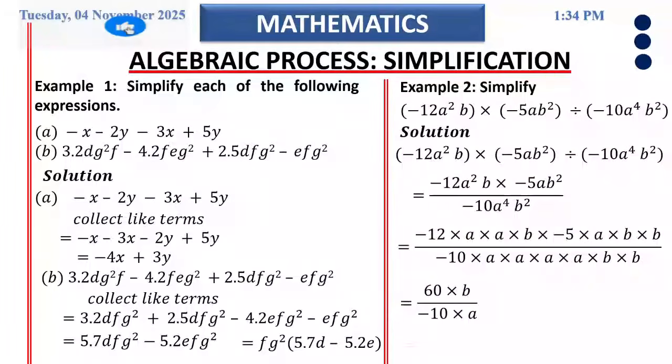If you agree with me, we can simplify further. That will give us 6b over minus a, which we can otherwise write as minus 6b over a. So it's going to give us minus 6b over a.